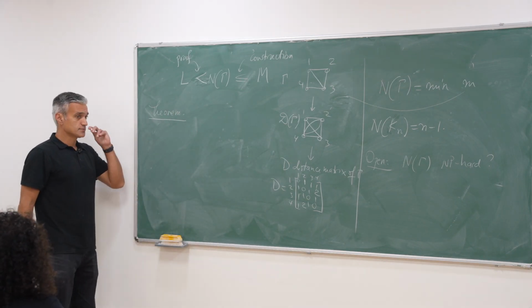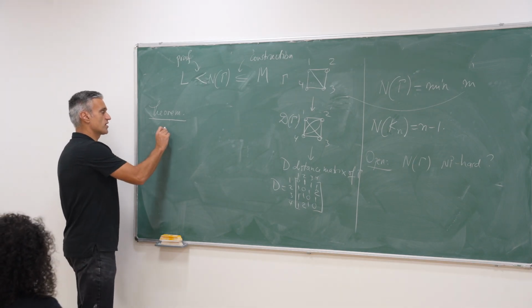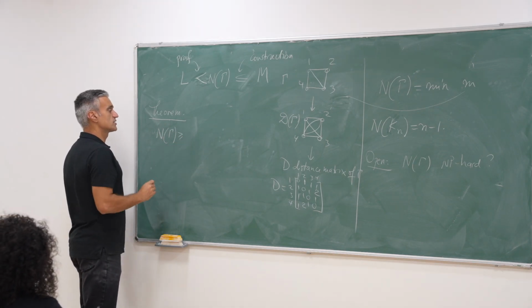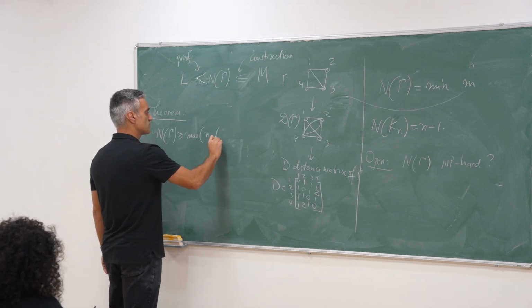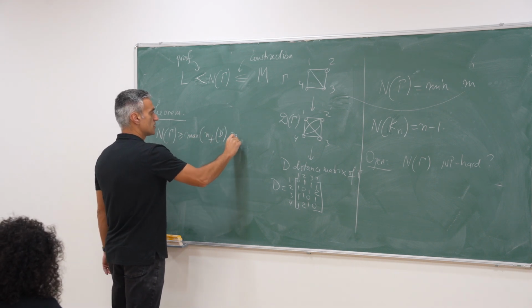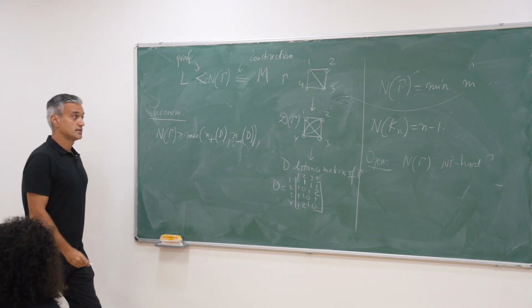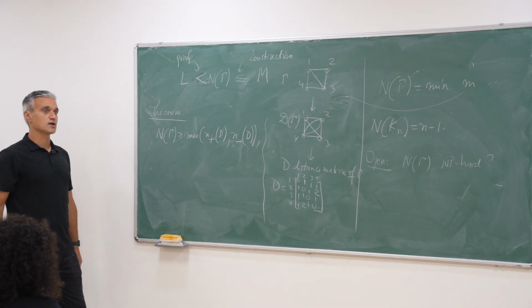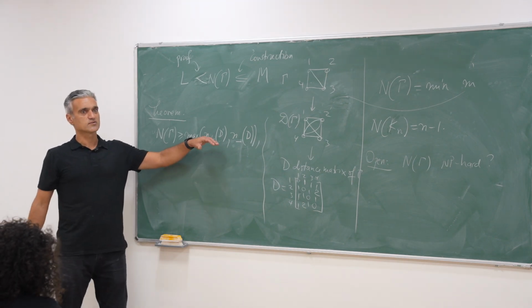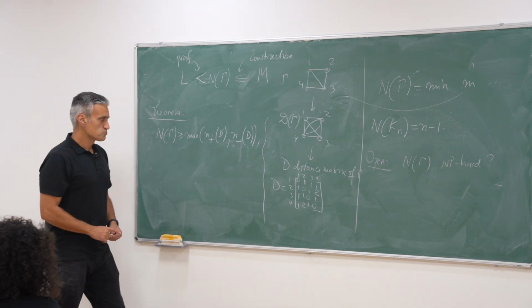So the theorem here says that for any graph, n of gamma is going to be greater or equal than the maximum of the number of positive eigenvalues of this matrix D and the number of negative eigenvalues of this matrix D. So this is a place where eigenvalues come into play, and they're not eigenvalues of the adjacency matrix. They're eigenvalues of this distance matrix.